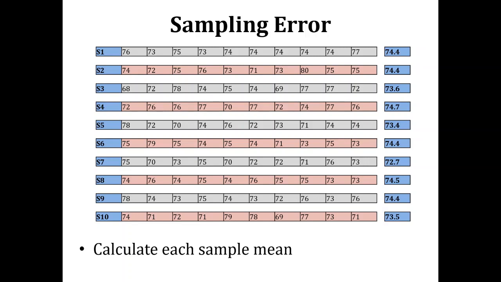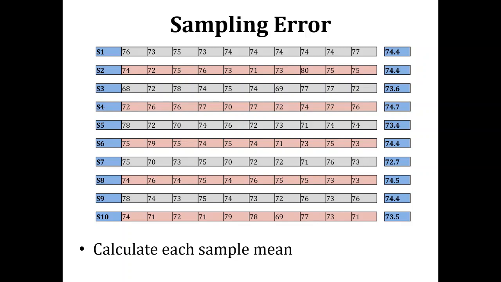Here we have the mean values: the first sample gives us 74.4, the second sample also gives us 74.4, the third sample gives us 73.6, the fourth sample gives us 74.7, then 73.4, 74.4, 72.7, 74.5, 74.4, 73.5.